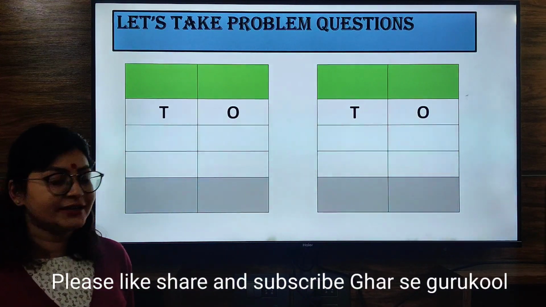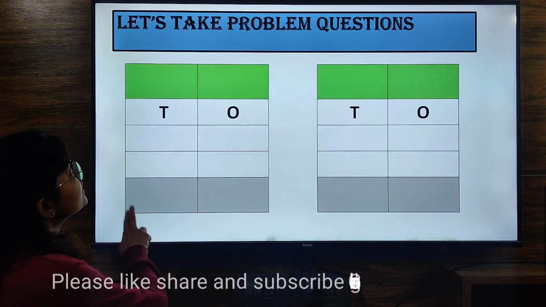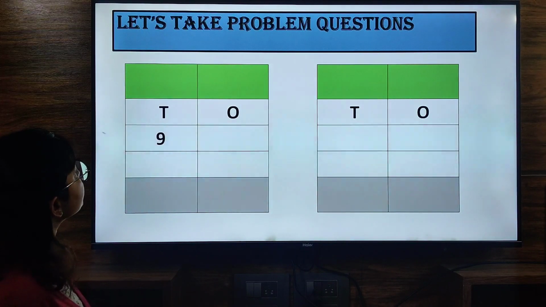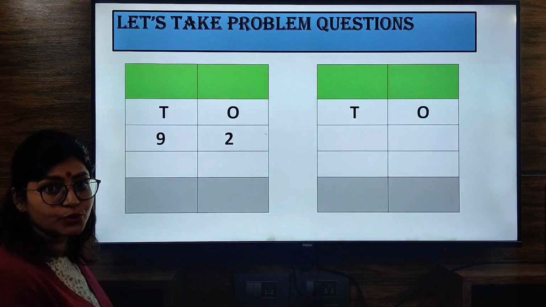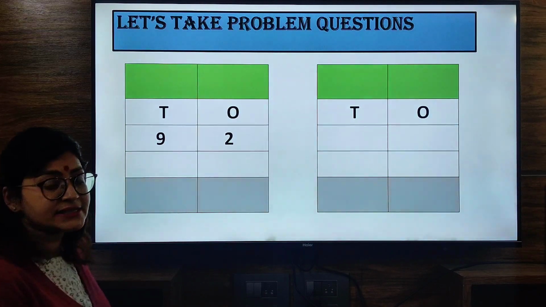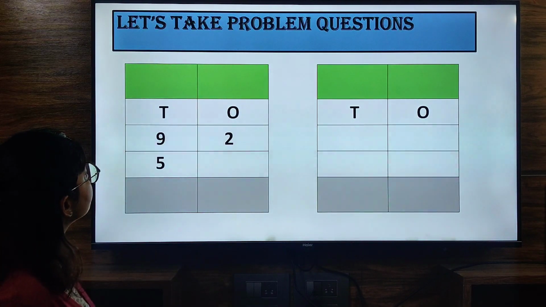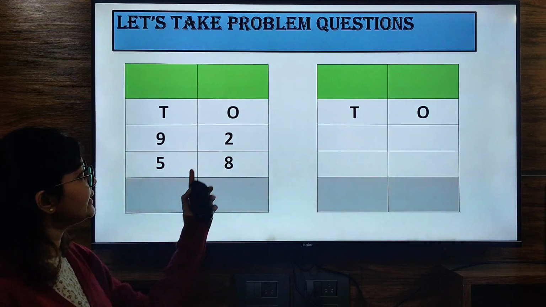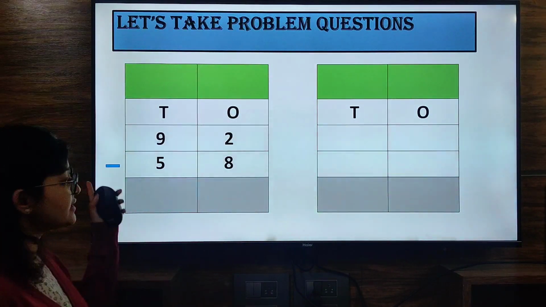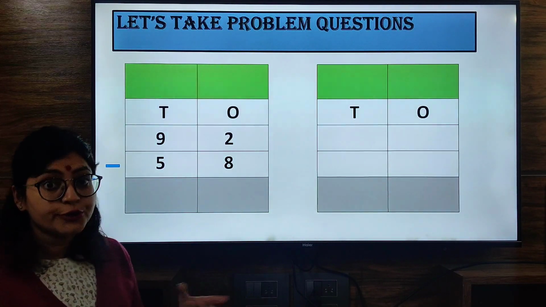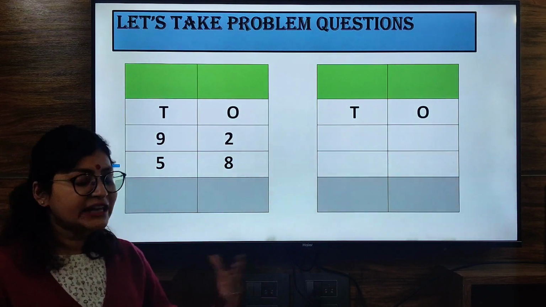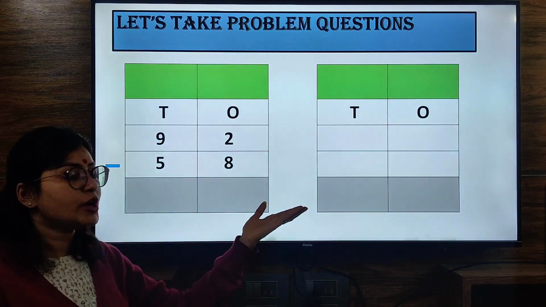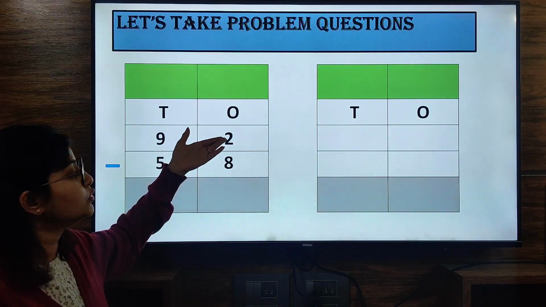Now it's time for the questions. These are two-digit problem questions. Our first number is 92, wherein 9 is for tens and 2 is for ones. And the second number is 58, wherein 5 is for tens and 8 is for ones. Subtraction sign. Now you must be thinking, I keep on telling you that in subtraction we always keep the bigger number on top, and here I have written 2 on the top.